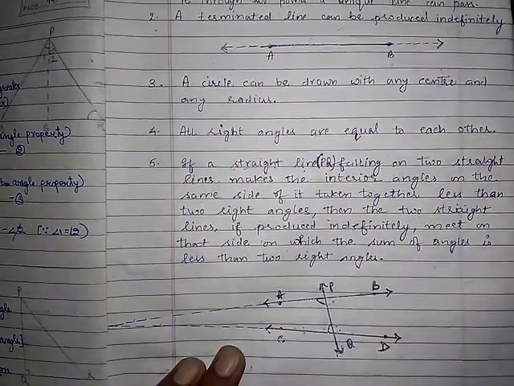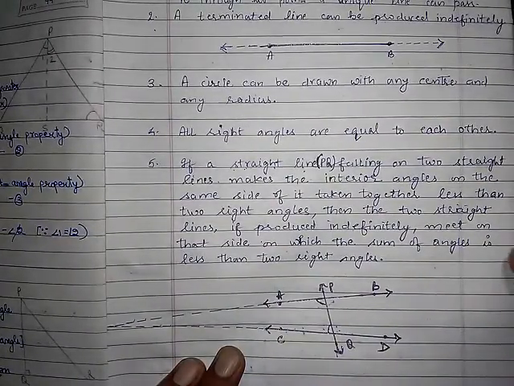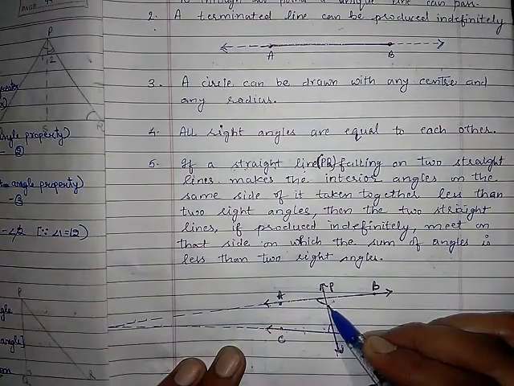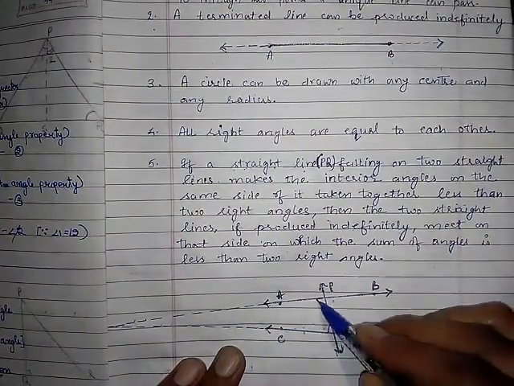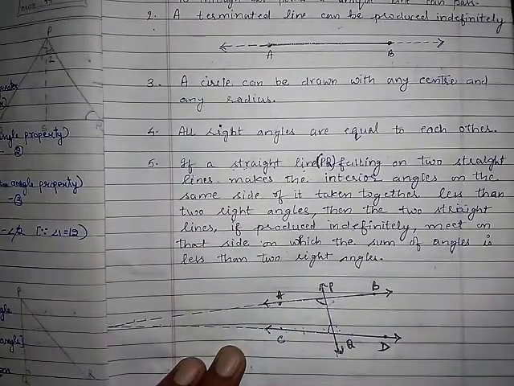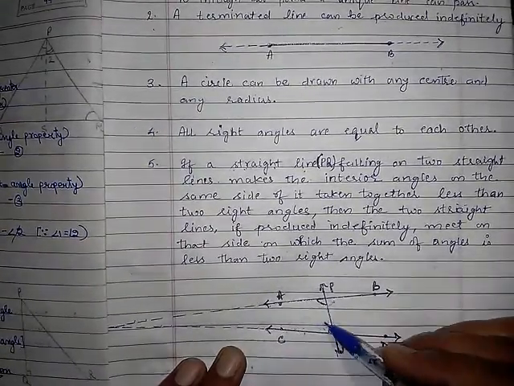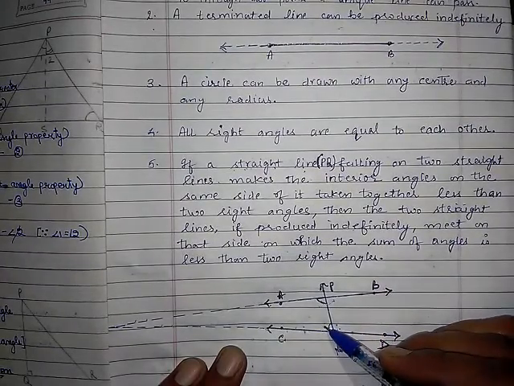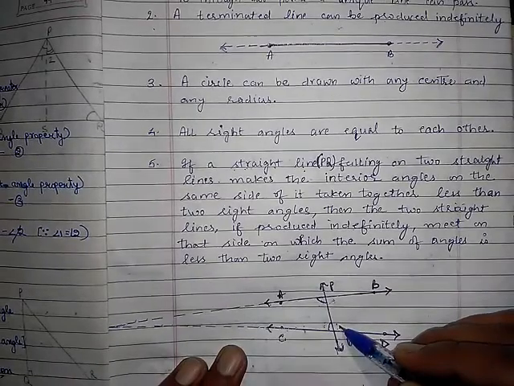According to the geometry, if you know about the shape of an obtuse angle, then these two angles are looking like obtuse angles, and these two angles are looking like acute angles. Clear? So acute plus acute will give you less than 180, and obtuse plus obtuse will give you more than 180.